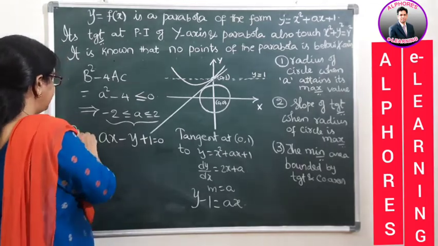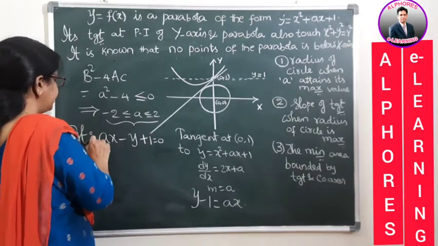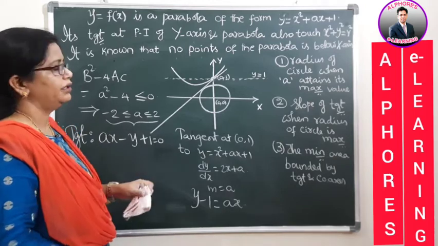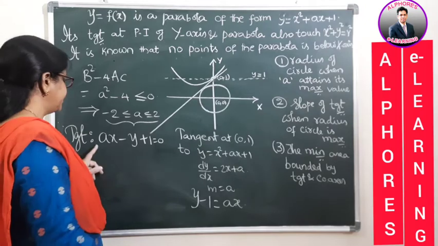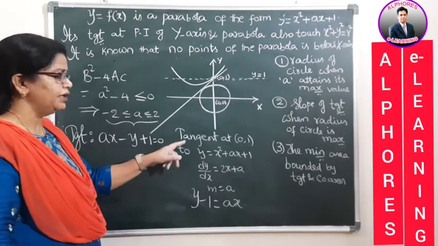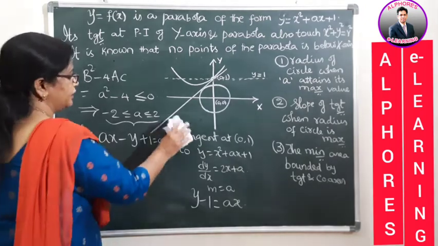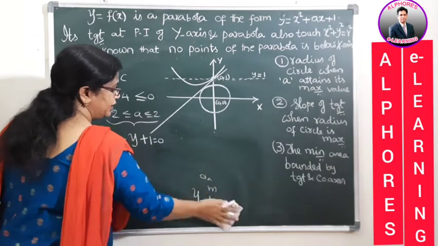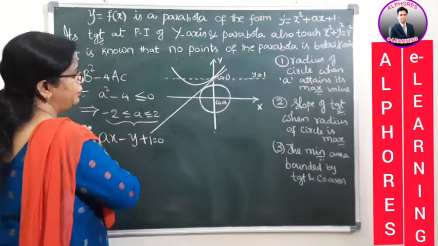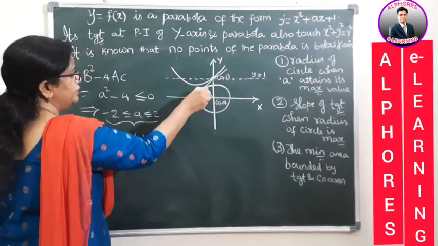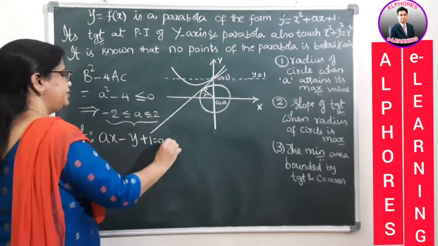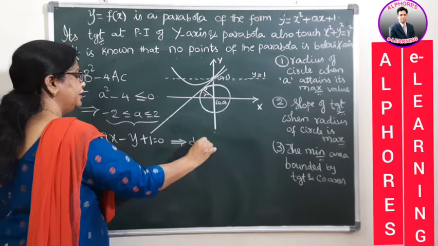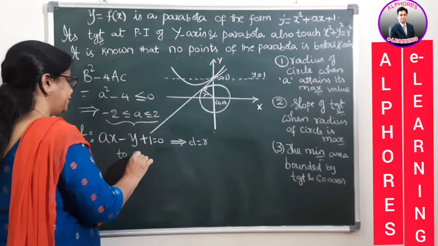So once you got the tangent equation, students, now what is the requirement? This tangent is touching the circle also. So once it is touching the circle, what about our condition? The condition is d equal to r. Perpendicular distance from center onto the line is nothing but the radius.